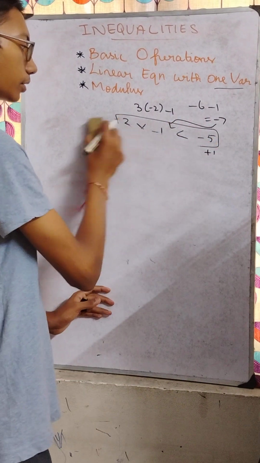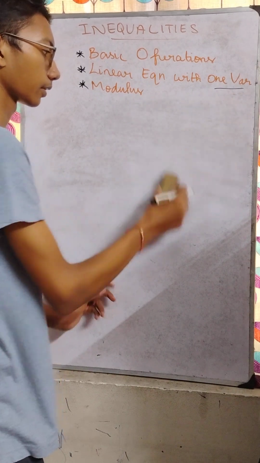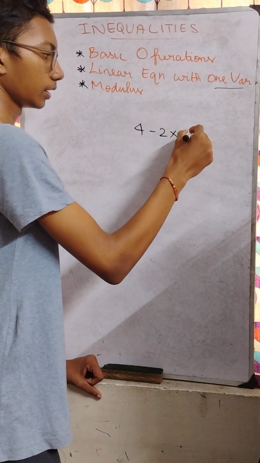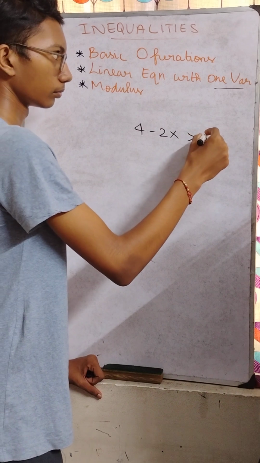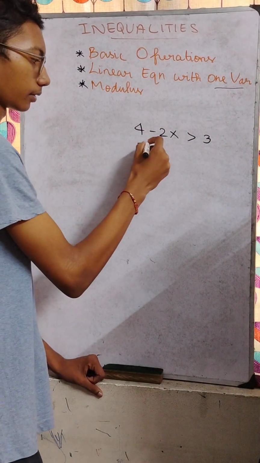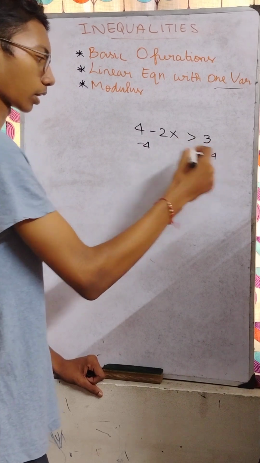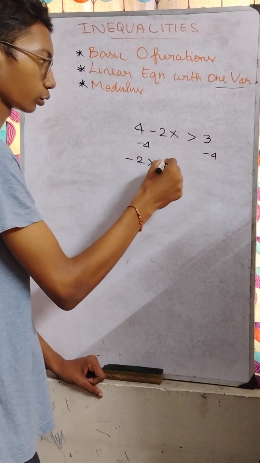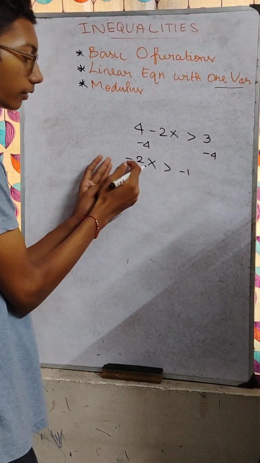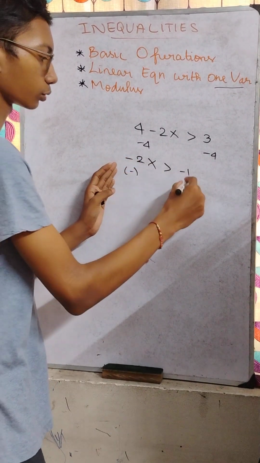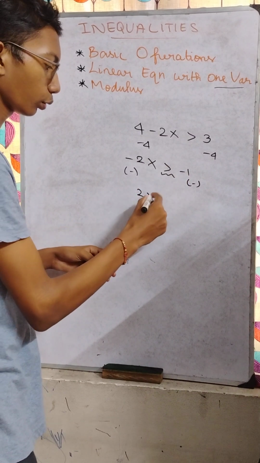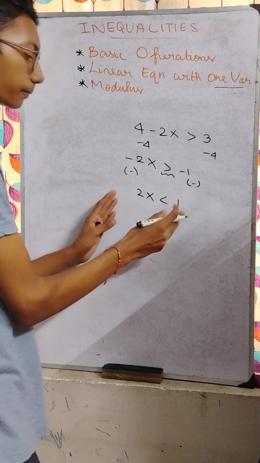Now another equation we will have. Let's take 4 minus 2x is greater than 3. Again, subtracting 4 on both sides, we have minus 2x is greater than minus 1. Again, we have to multiply both sides by negative, which means the inequality must change. So 2x is less than 1.